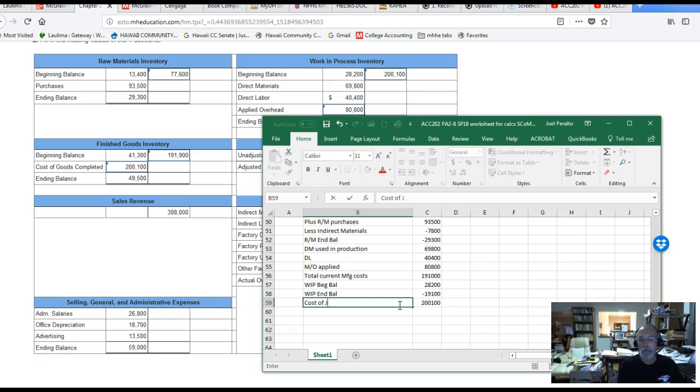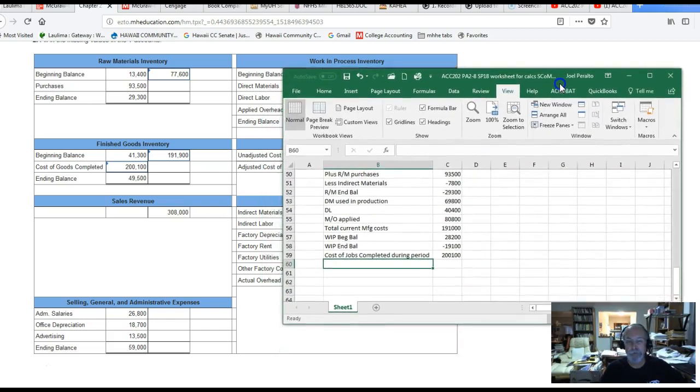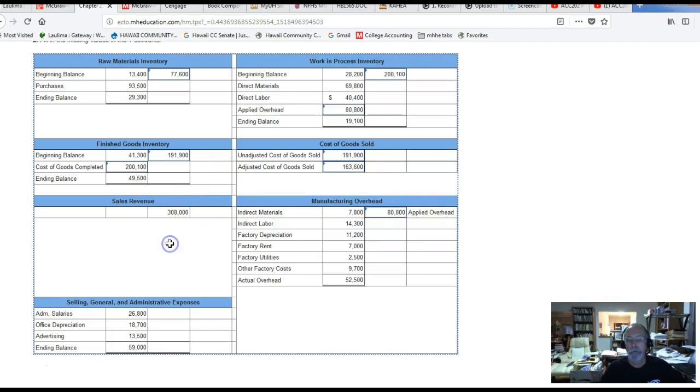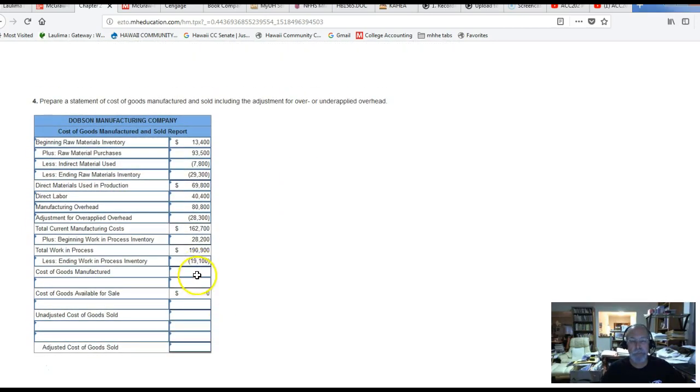Cost of jobs completed during period. Okay, 200,100 as opposed to what's showing up on the statement at this point, which is 199 minus the ending work in process inventory.